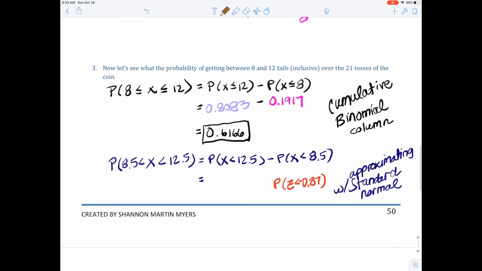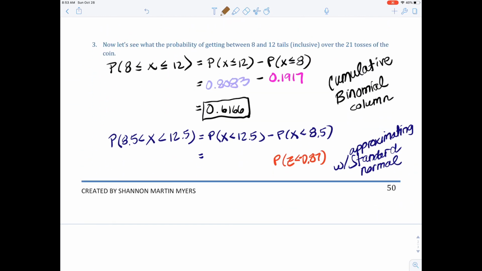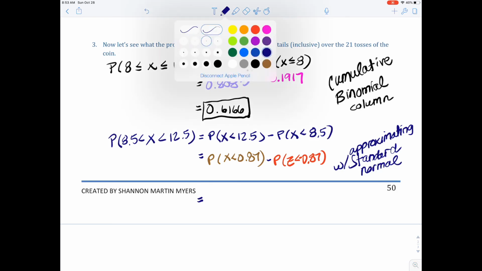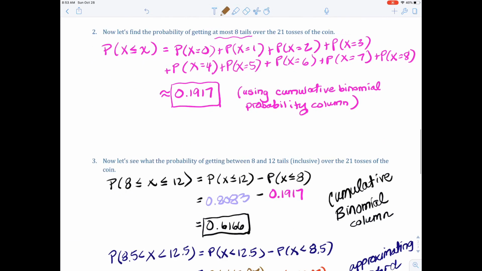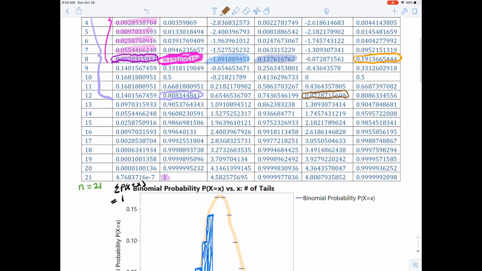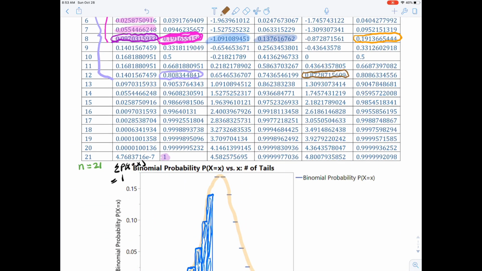Remember, we round to the nearest hundredth if we're using a table. And then we're subtracting these. And now we'll just go ahead and use our table. And on our table, what do we have? The associated probability with this one using standard normal is, I'll go to 4 digits on the probability, 0.8086.